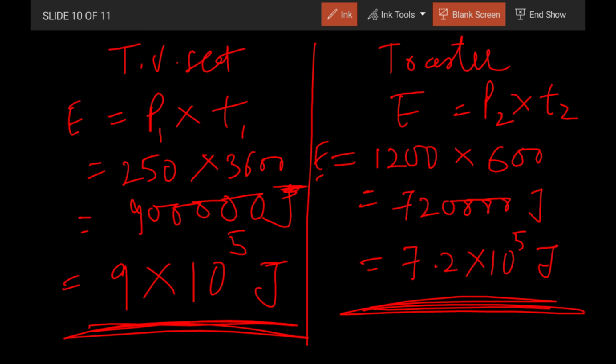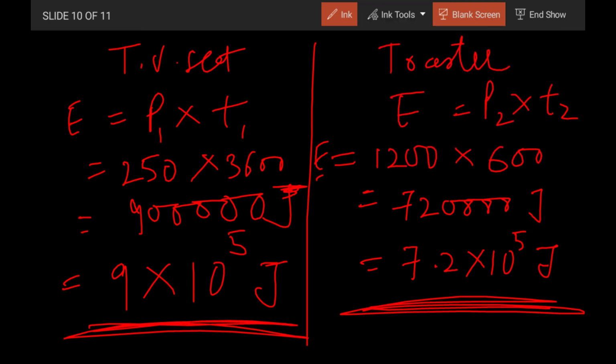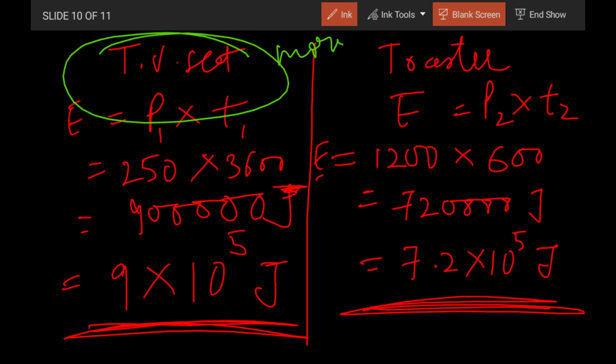So energy consumed by the TV is more. You see, it consumes more energy.